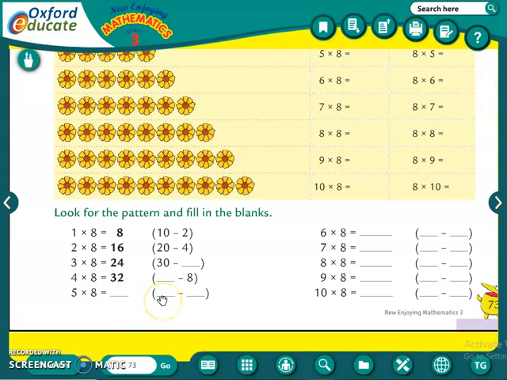Here what will we write? 50 minus 10. So the answer will be 40. Like these, all these numbers you can also do by yourself. You have to do it and you can do it. Okay. Now we will go to the next page.